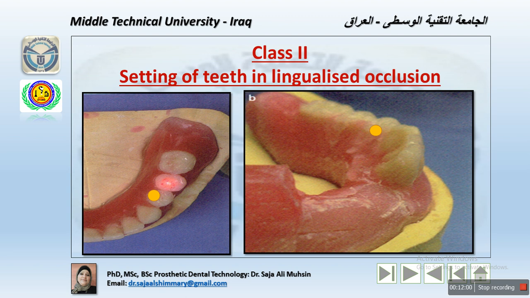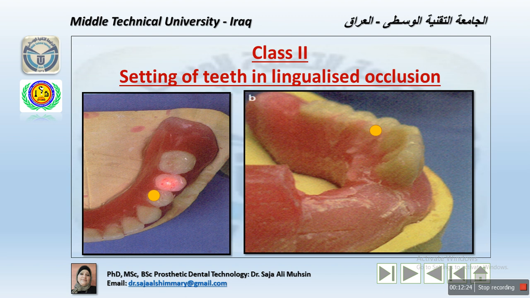Now, the remaining teeth may also need to be adjusted a little bit. The central fossa of the lower second premolar and molar teeth may need to be adjusted to be more buccally placed to allow correct positioning of the teeth over the ridges and contact between the teeth.